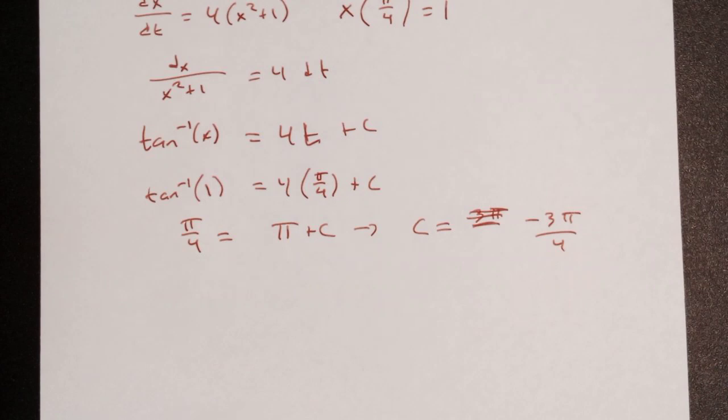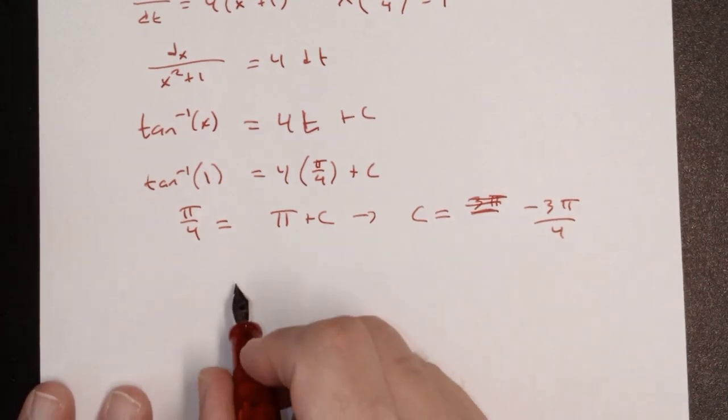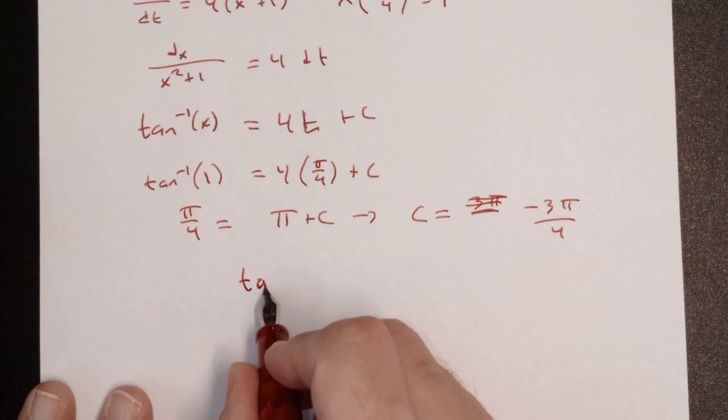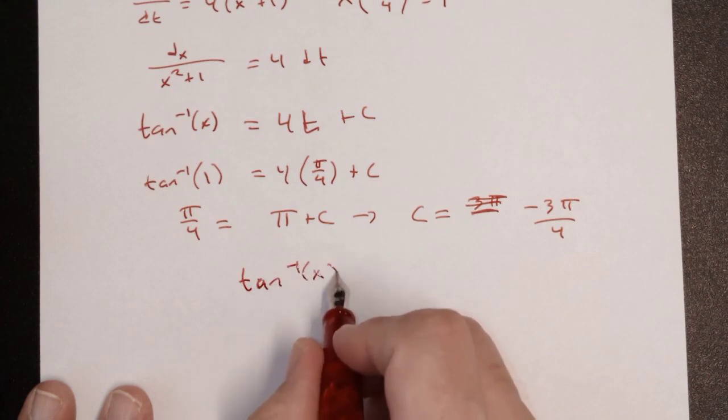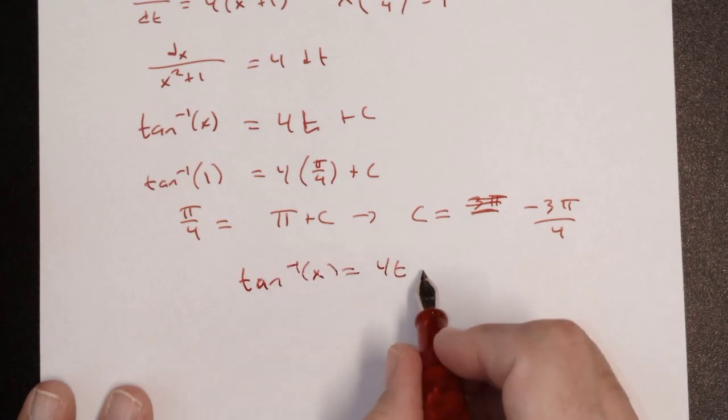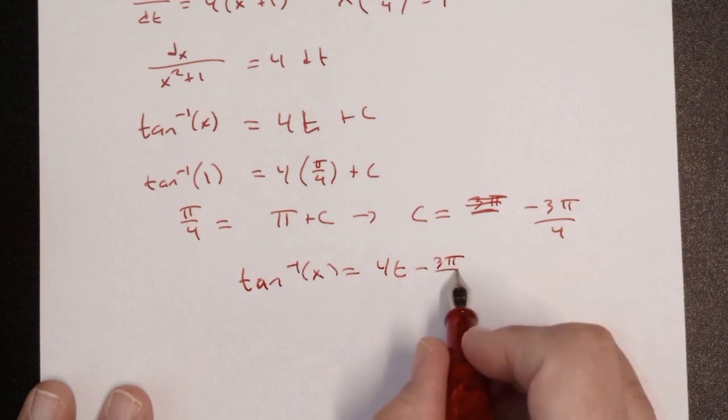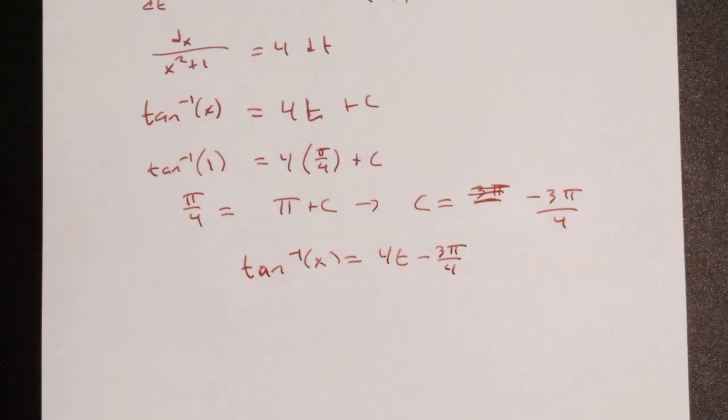And that means that I have an implicit equation. What's my explicit equation? x equals.